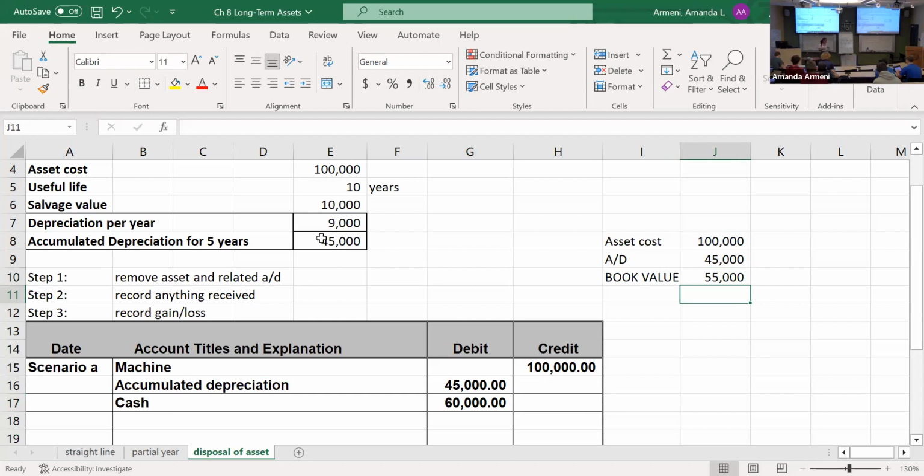So what does book value represent? It represents the amount that you think that asset is worth. We believe, based on our accounting records, that this asset is worth $55,000. And some sucker just gave us 60K for it. Did we win or did we lose?